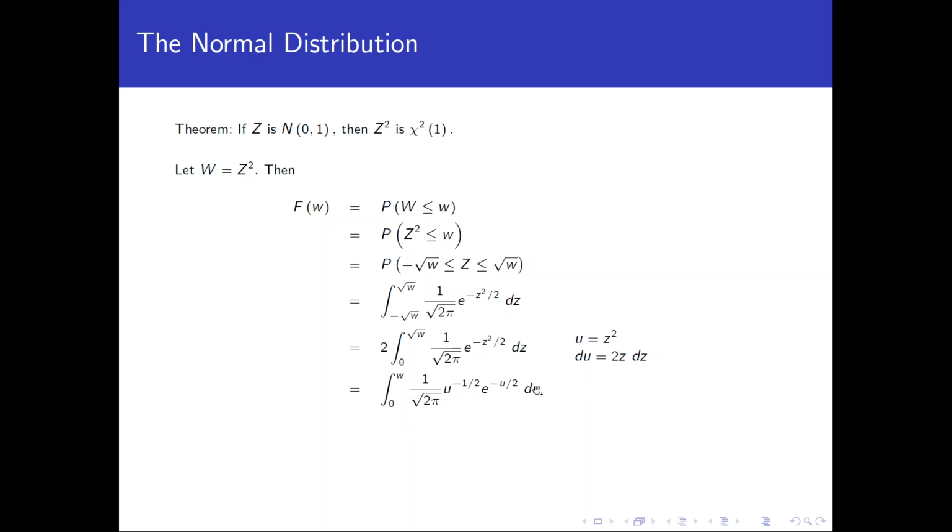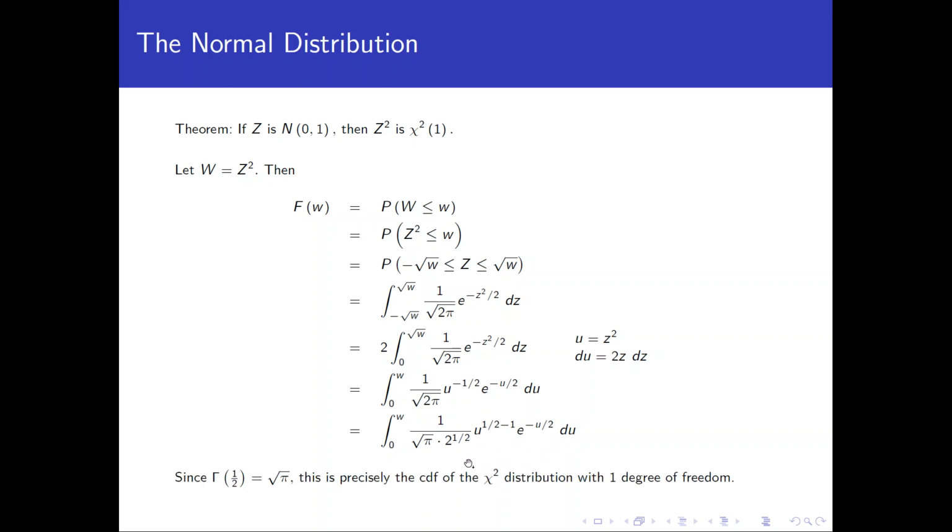So the 2 dz becomes du over root u, which is just u to the negative 1/2. So I have this PDF, which I can split up a little bit more as 1 over square root of pi times 2 to the 1/2, u to the minus 1/2, or u to the 1/2 minus 1, and e to the minus u over 2.